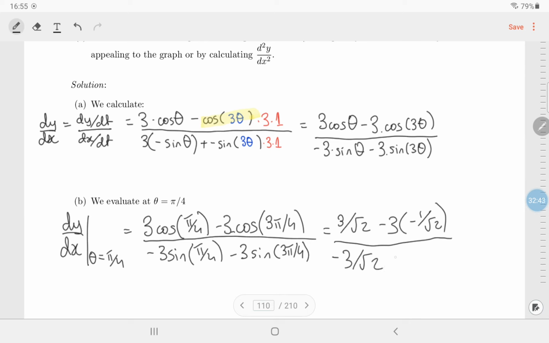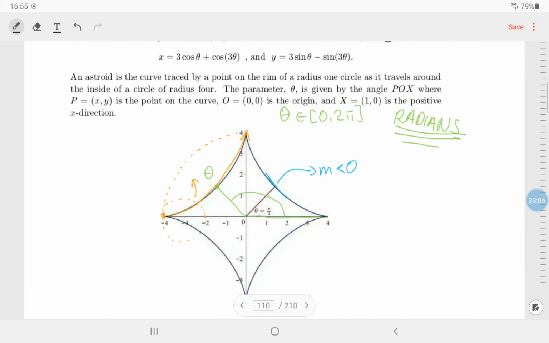This can be done on the calculator anyway, if you don't like this. And then if we look at it, you can multiply above and below by root 2, and you'll get 3 plus 3 over minus 3 minus 3, 6 over minus 6, which is equal to minus 1. You could have gone to the calculator much earlier with that. What's good? It's negative, as the picture suggests.